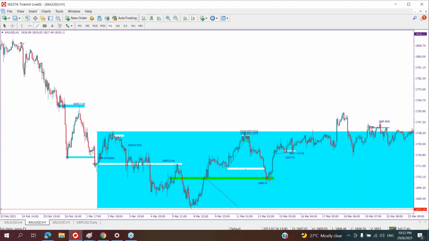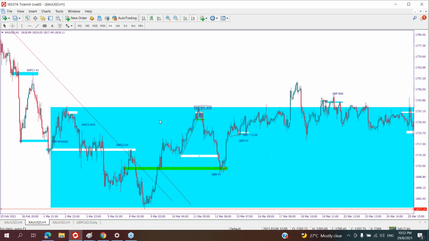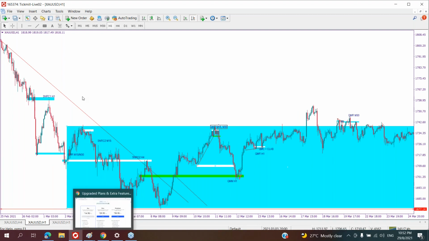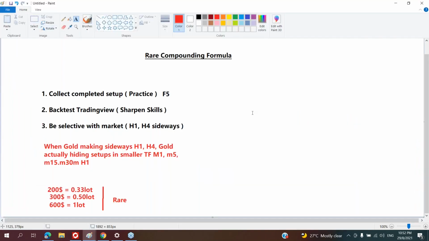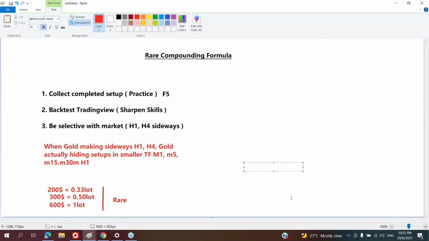And you can see here price making downtrend. And then if you are good in S&D, supply and demand, we have to wait, we have to sell in highest price. Okay, we all know about this. This is how supply and demand works.